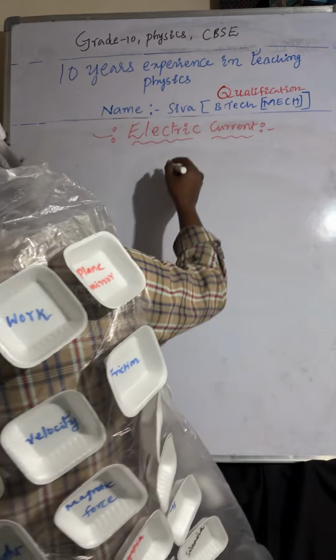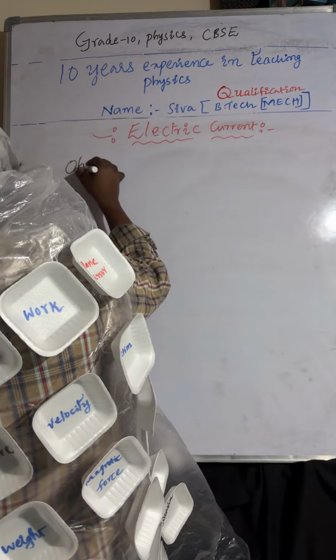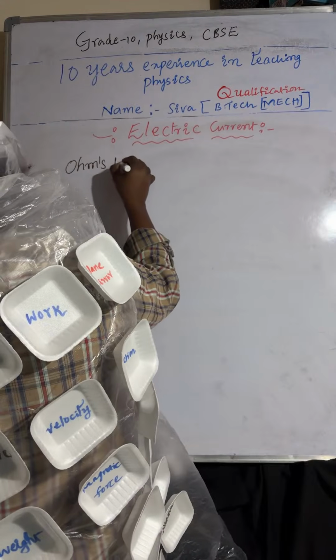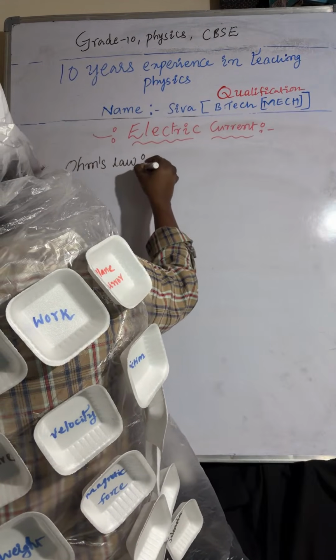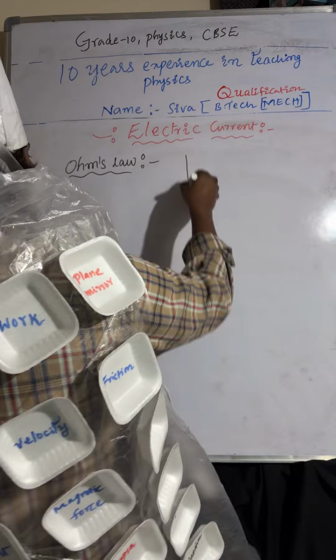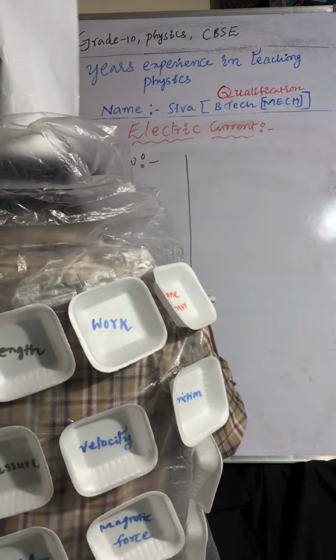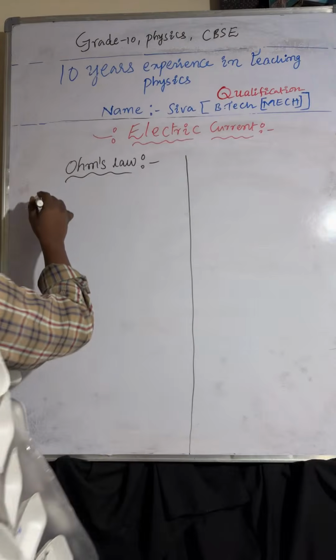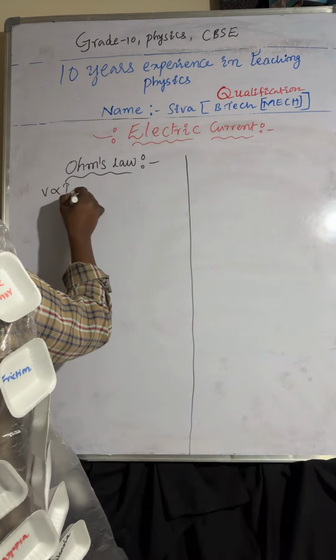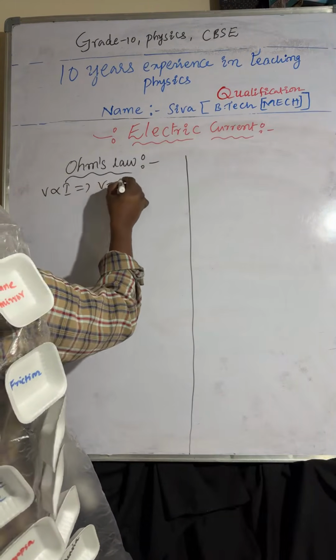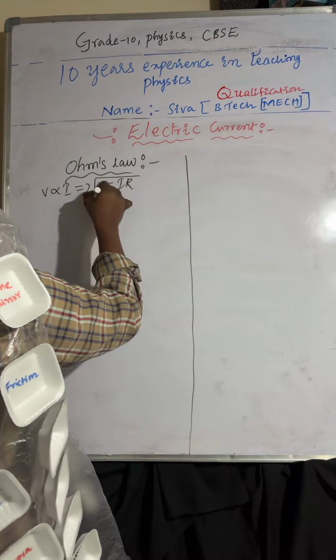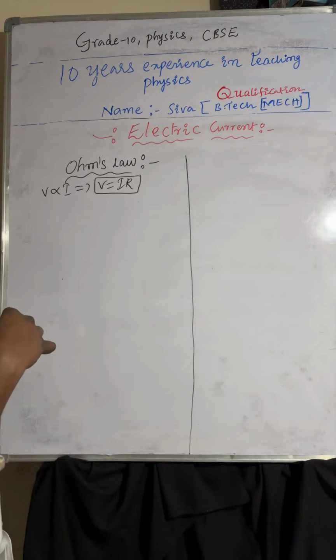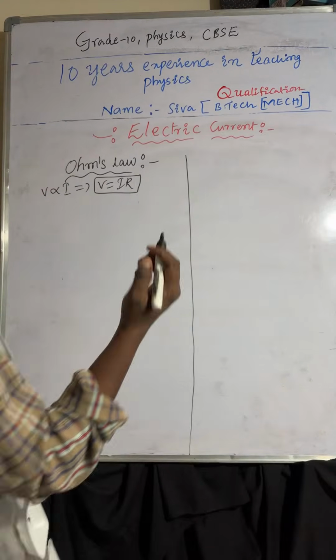Ohm's law states that the potential difference across the ends of a given metallic conductor is directly proportional to the current flowing through it at a constant temperature. V is directly proportional to I, V equals IR. At a constant temperature only.